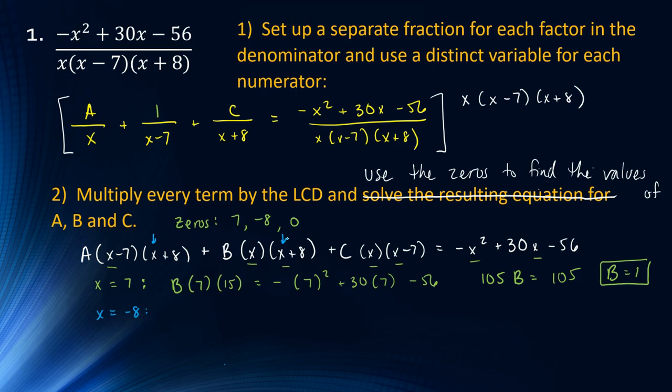So that's going to eliminate the b's. But now I can put negative 8 here for x, and that's not going to eliminate the c's. So we would have c, and then negative 8, and then negative 8 minus 7 is negative 15. And then over on the right side, every time I see an x, I replace it with negative 8.